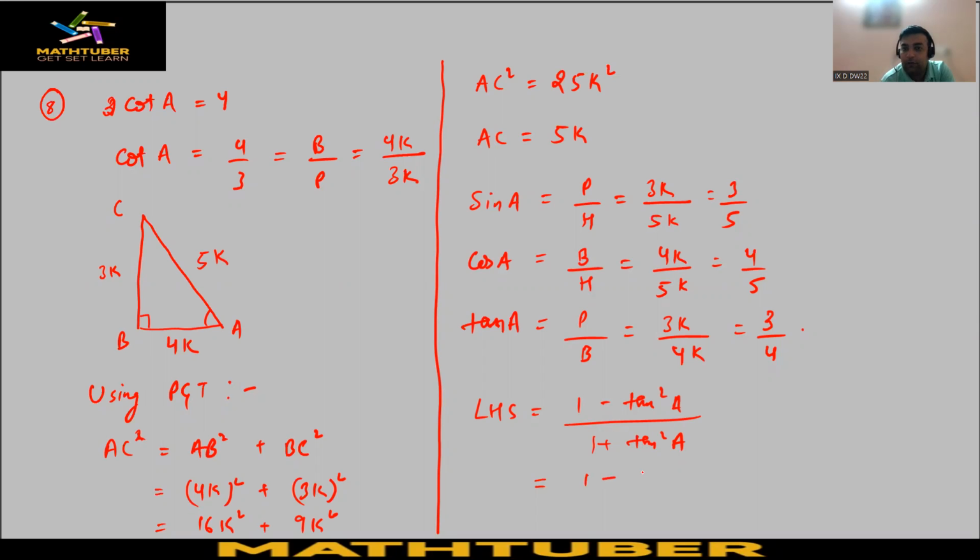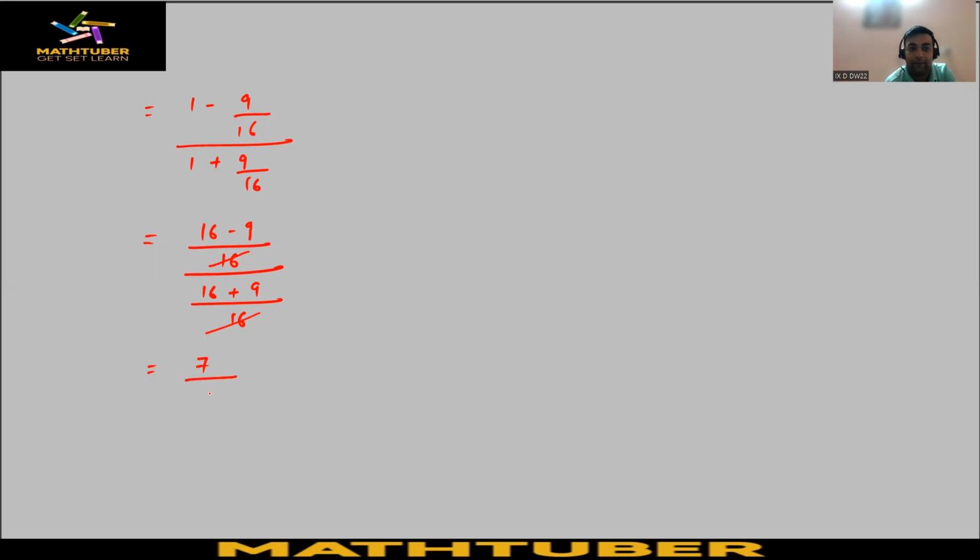So putting the values of tan A here, it will be 1 minus 3 upon 4 whole square upon 1 plus 3 upon 4 whole square. So we will get the value as 1 minus 9 upon 16 upon 1 plus 9 upon 16, and that will be 16 minus 9 upon 16 plus 9 upon 16, and 16 will get cancelled here, so it will be 7 upon 25.